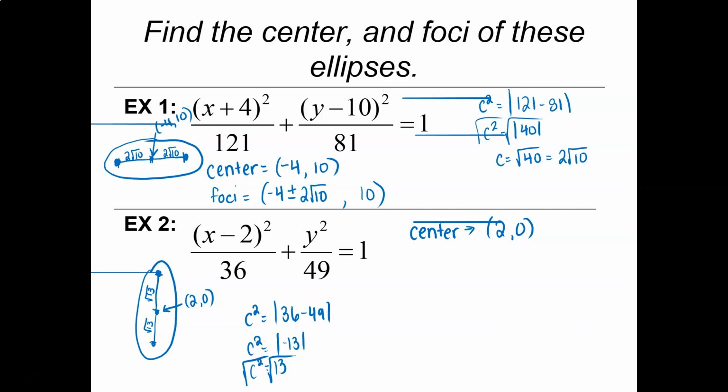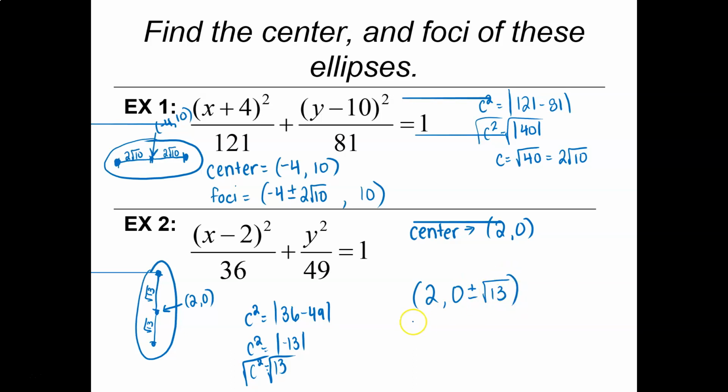So, Wesley, if I'm moving up or down, which variable is that going to affect? The y. So I'm going to start from the center, which is 2, 0. And I'm going to add or subtract the square root of 13.